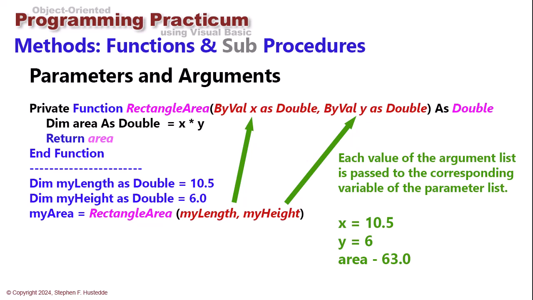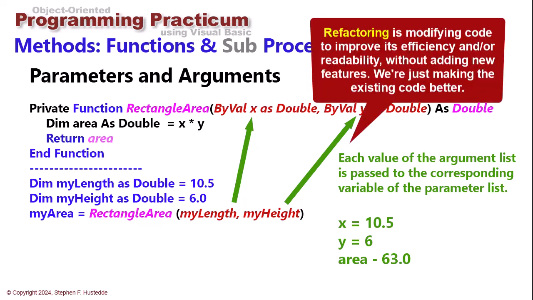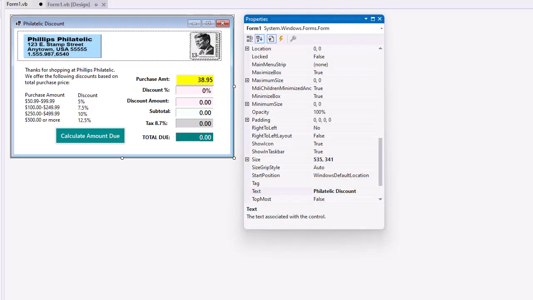Let's take a look at refactoring a previous project to use a function. Previously, we created the philatelic discount application in which we applied a discount based on the amount of the purchase. So if it was between $50 and $99.99, we gave a 5% discount, and $100 to $249, we gave a 7.5% discount, and so forth.